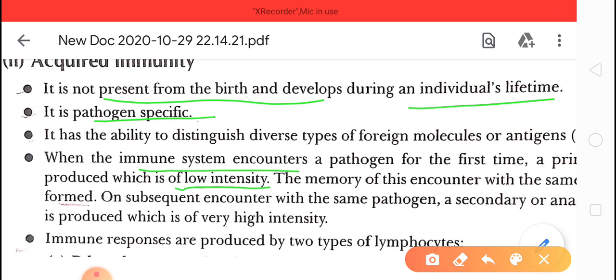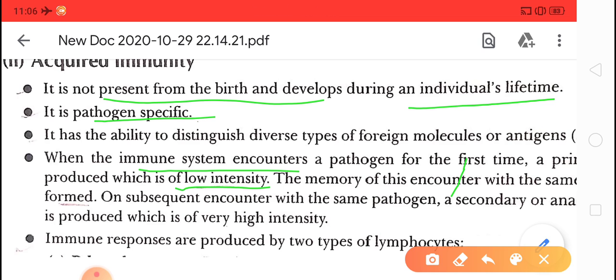So if the same pathogen attacks our body again, then the memory cells recognize the pathogen and the immune system provides the secondary response, which is of high intensity, and this high intensity response kills the pathogen. Okay, clear about this? Acquired immunity is pathogen specific. Clear about this, children?